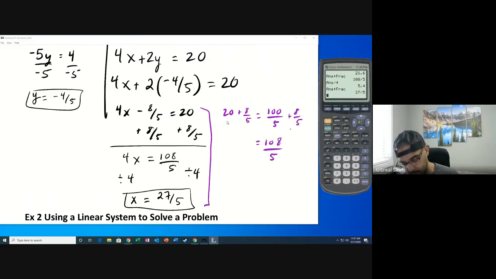Now if I need to divide that by 4, remember what happens when you divide with fractions. You flip the second one and you multiply. So I'm going to change that 4 over 1 to being 1 over 4. So 108 over 5, multiply it with 1 over 4, which gives me 108 over 20.